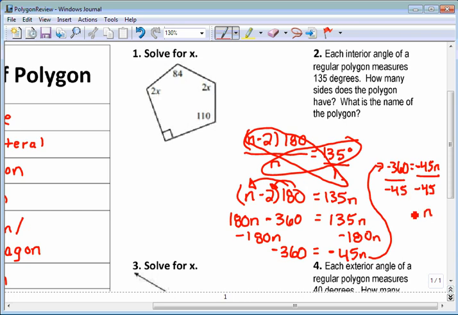And I determine that 8 is equal to n. So we have an 8-sided figure. And we know that an 8-sided polygon is an octagon. You could check the table if you needed to verify that.